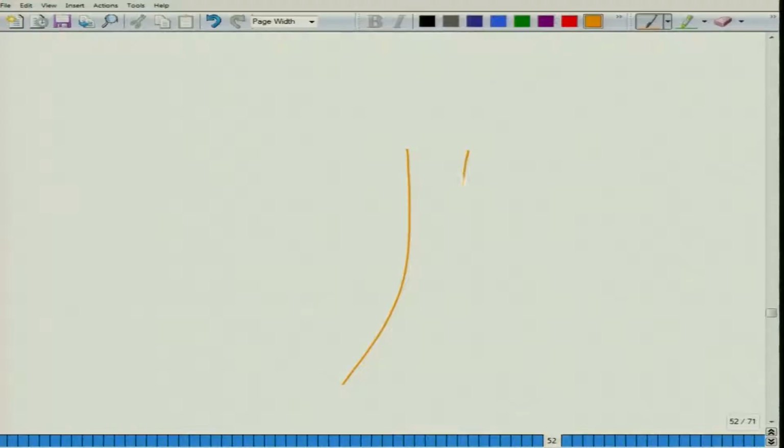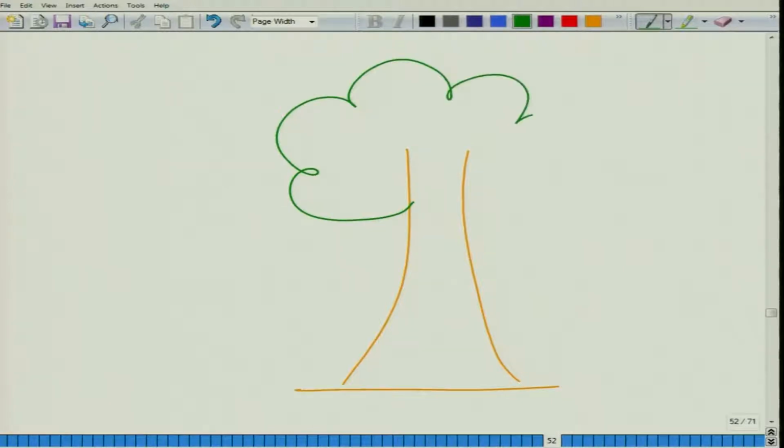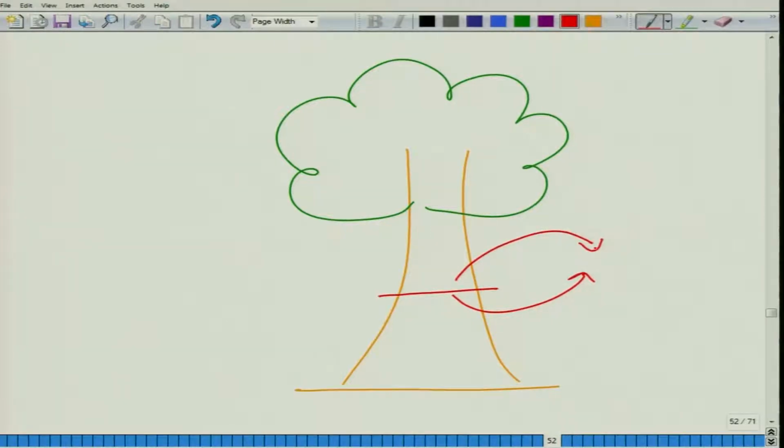If you have a tree and you made a section that is perpendicular to the tree and parallel to the ground, and you looked at this section from the top or from the bottom. If you look at the upper log, you are seeing it from the bottom, and if you are looking at the stump that is left, you are looking at it from the top. What you will be seeing here is called the cross section.